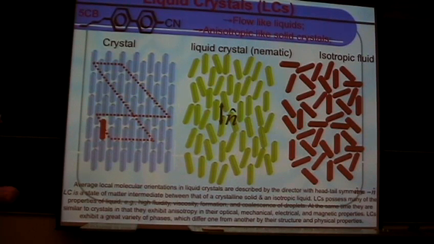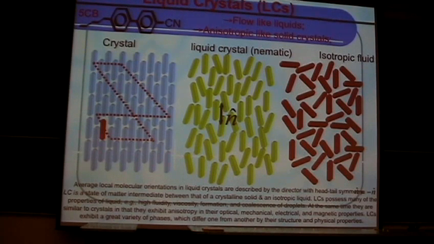And in here you can see a very oversimplified representation of the liquid crystal state of matter, which stands in between the solid crystals, which have both positional and orientational ordering, and isotropic fluids, which can flow and have no ordering at all.